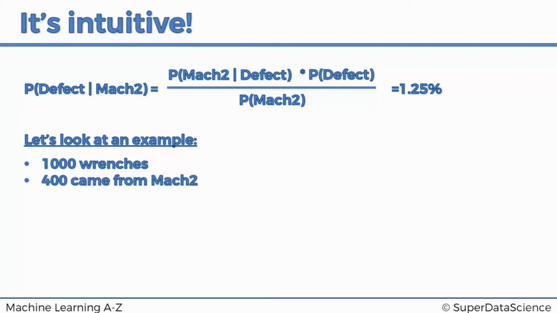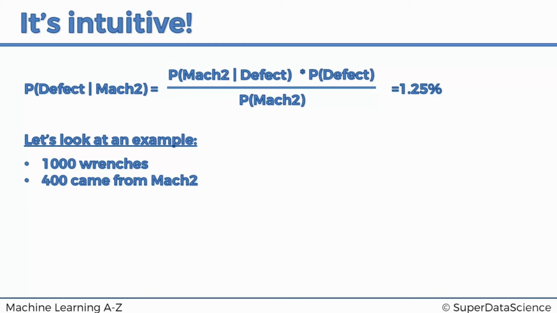We know that 400 of them came from machine 2, right? Machine 2 produces 20 wrenches per hour, and machine 1 produces 30 wrenches per hour, as per our information from the very start.